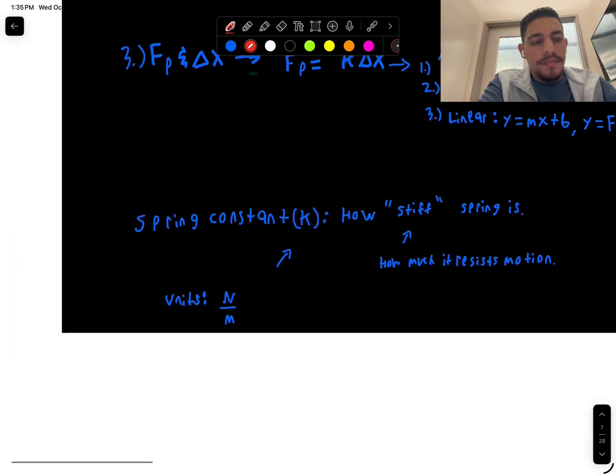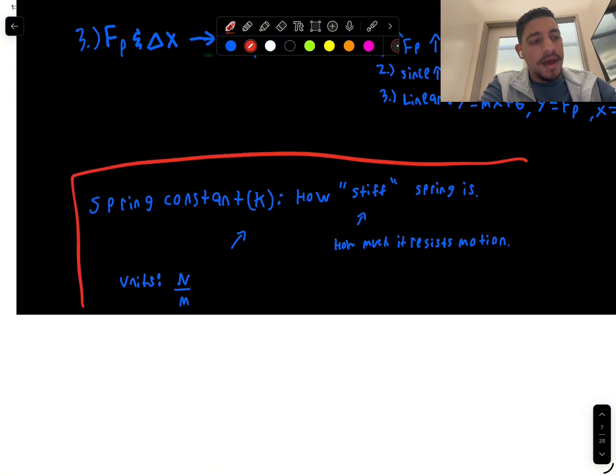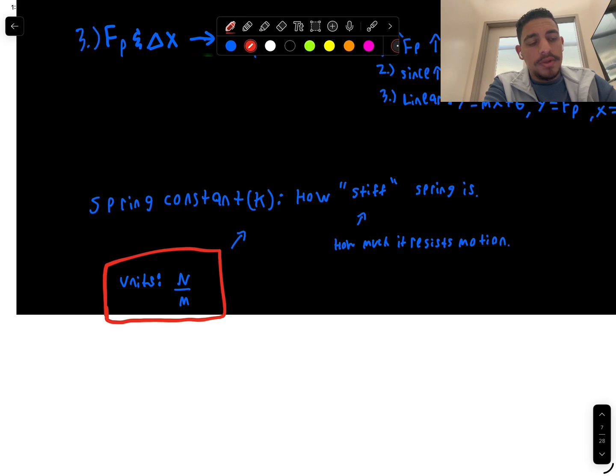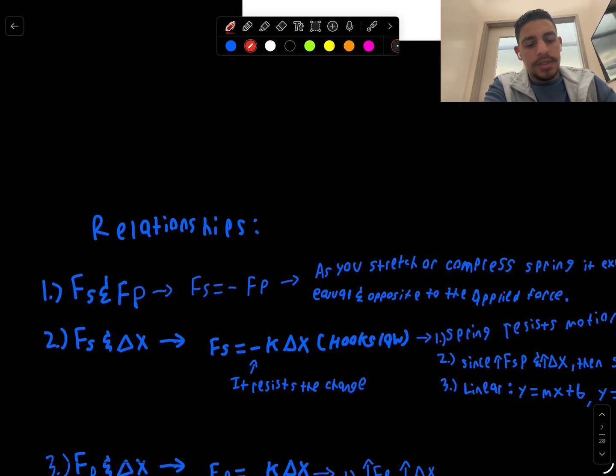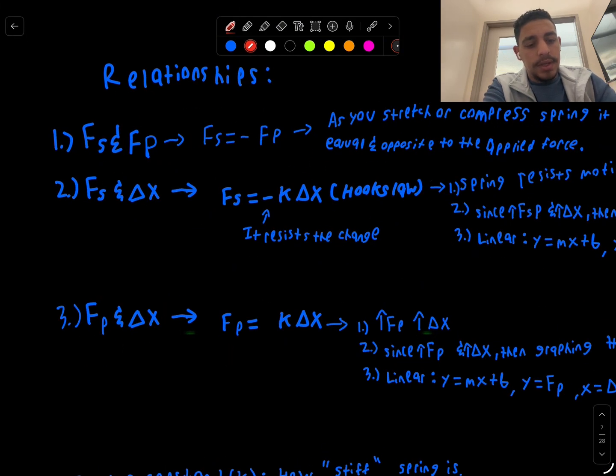And so we stated it right here. The spring constant K is how stiff the spring is, how much it resists motion, which we talked about a few times. Its units are newtons per meter. And you're able to use this in Hooke's law, which tells us that the force of the spring is equal to negative K delta X. That is Hooke's law.